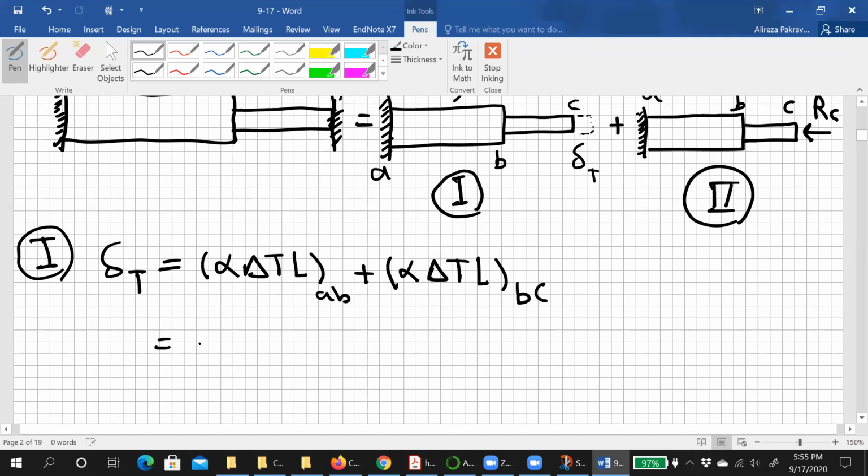Let's see. Alpha for the first one is 12.5 times 10 to the -6. The good thing is this, alpha and delta T will be the same, it is 70. What is LAB?